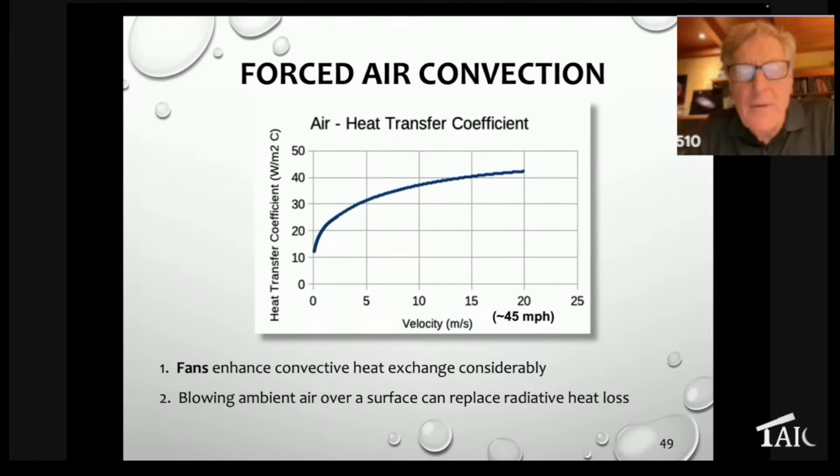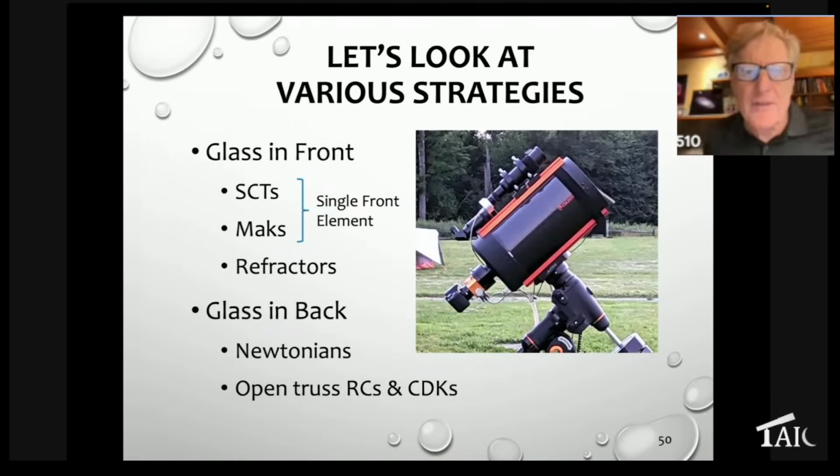And what we're doing there is we're blowing ambient air over the surface to replace the heat loss due to radiative exchange with the air with convective heat exchange with the local air to hold that surface at the air temperature. And in my telescope, we'll come back to this, it uses fans to do this. We don't have any heaters. So let's look at some different strategies, and we'll come back to that in a second.